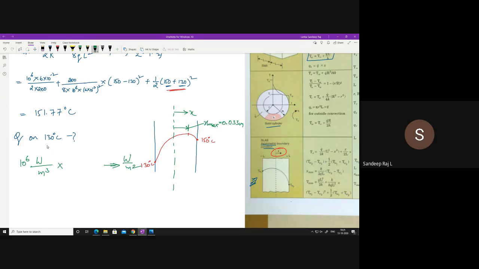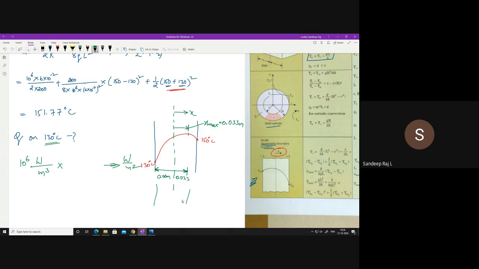If it is for the 130 degree centigrade side, what should I multiply it with? I should multiply it with this much distance. This is 6 centimeters on this side, that is 0.06 meters, and on this side it is 0.033.